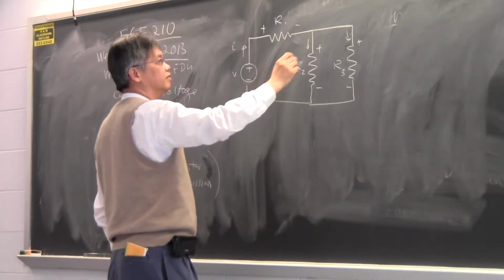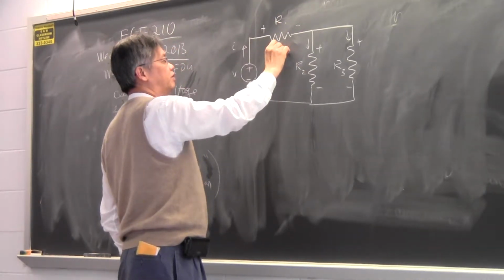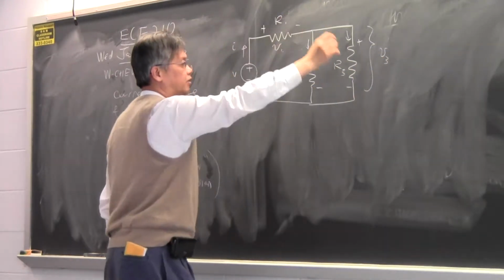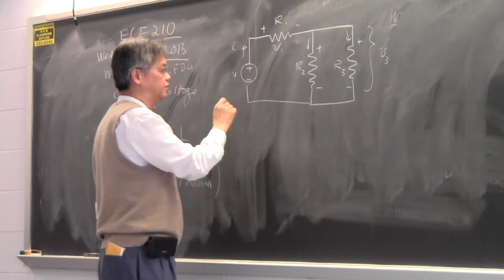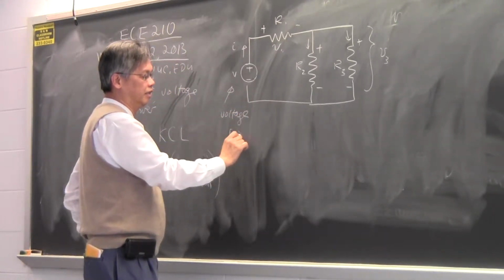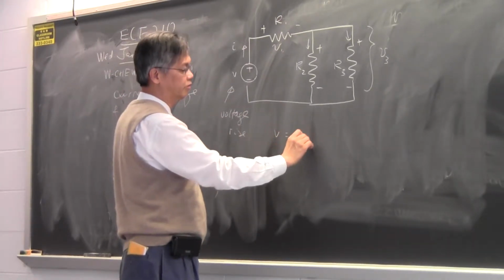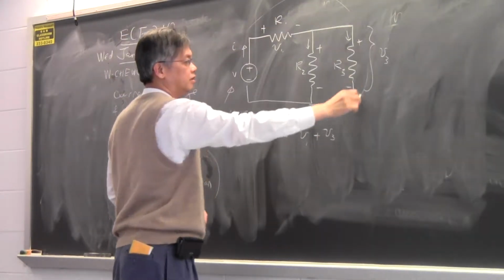Okay, and if we call this voltage drop, say V1, and this voltage drop V3, and if we go on the outer loop, this is the voltage rise, this is our voltage drop, this is a voltage rise, and what it says is that this voltage rise must be equal to V1 plus V3 as we go on this loop.